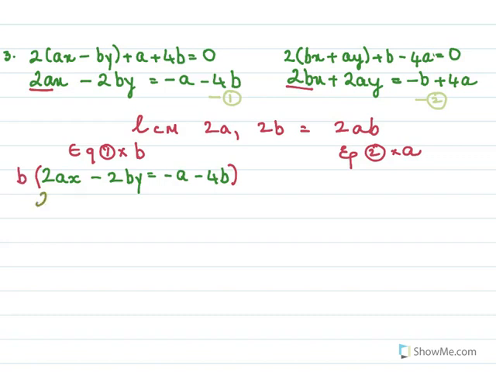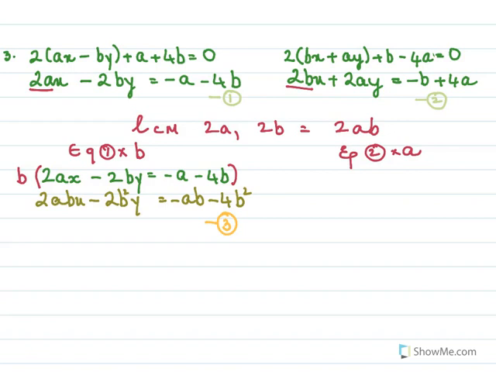So this was my equation 1, and multiplying by b, I'll get 2abx minus 2b square y. B into minus a is minus ab, and this is minus 4b square. I'll put this as equation 3. I do the same thing out here.